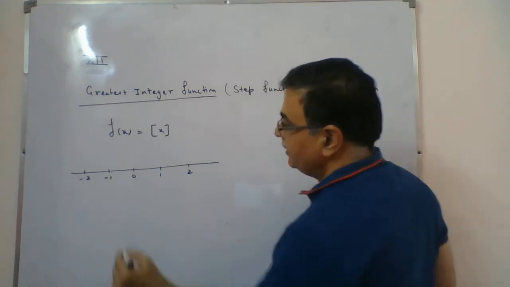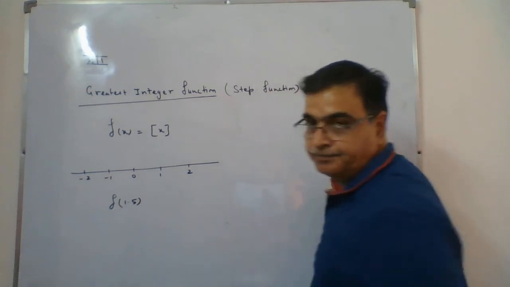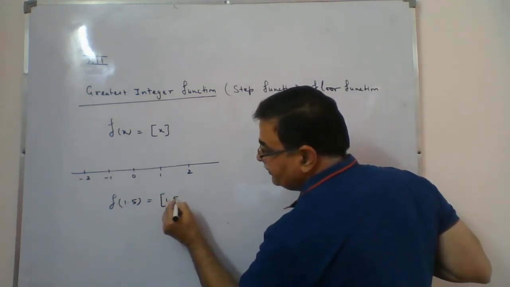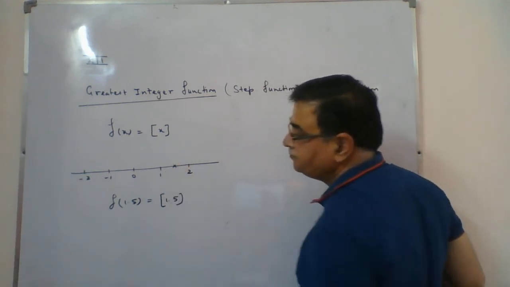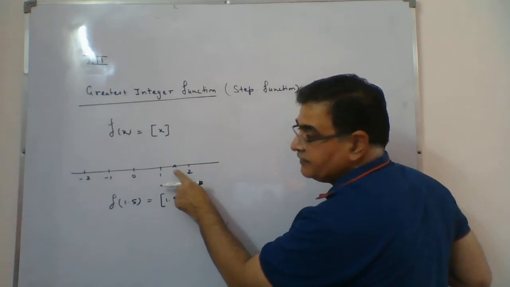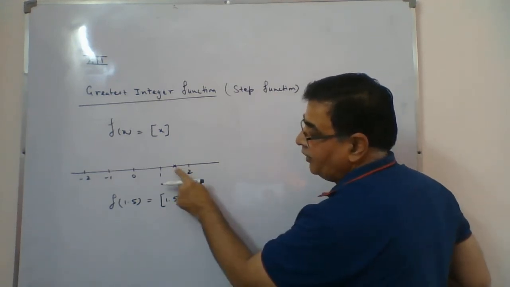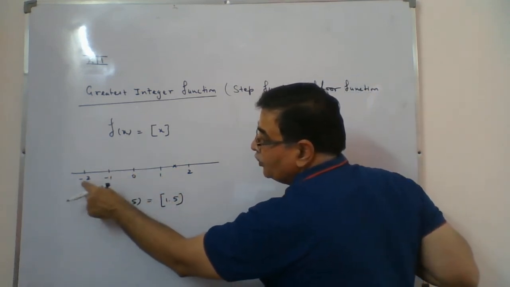For example, if I say write down f of 1.5, greatest integer 1.5. So for 1.5 I want the greatest integer. 1.5 will be somewhere here. When you take 1.5 somewhere here, then you will find this point includes the integer 1 also. It will include 0, minus 1, minus 2.